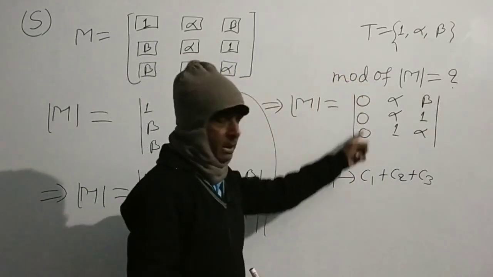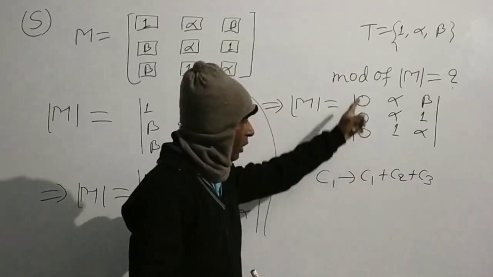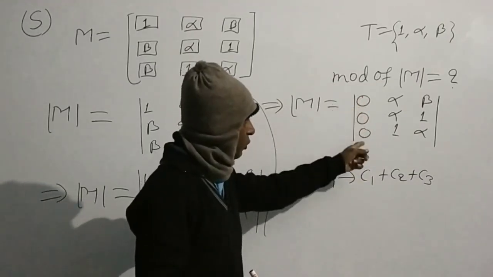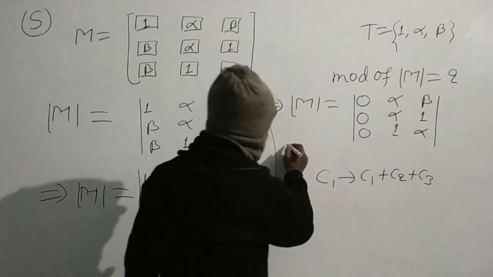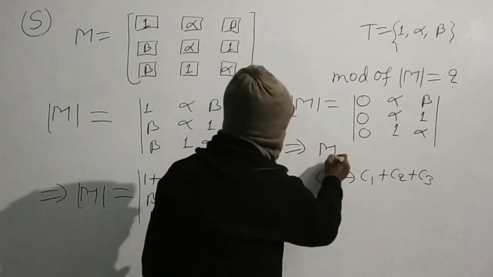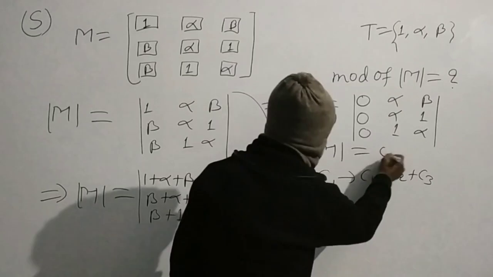If each element in a column is 0, then the value of that determinant is 0. That means the value of the determinant of M will be 0.